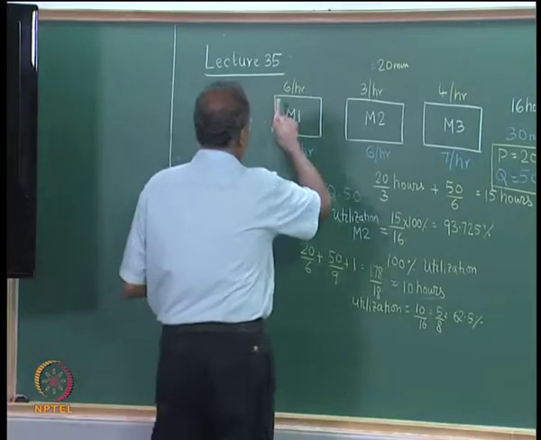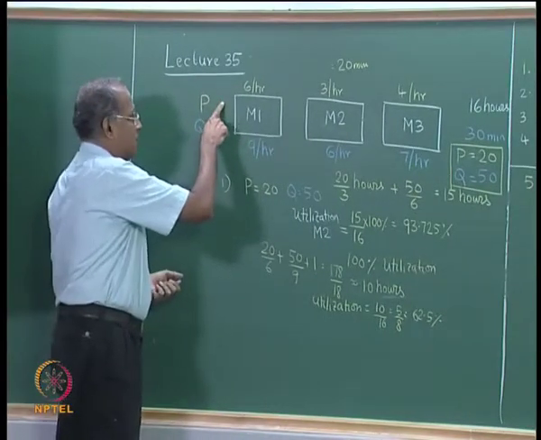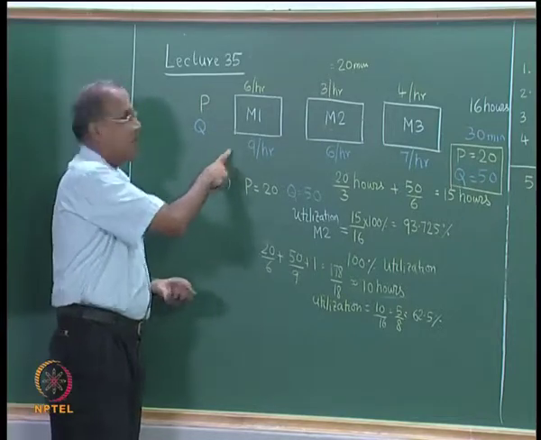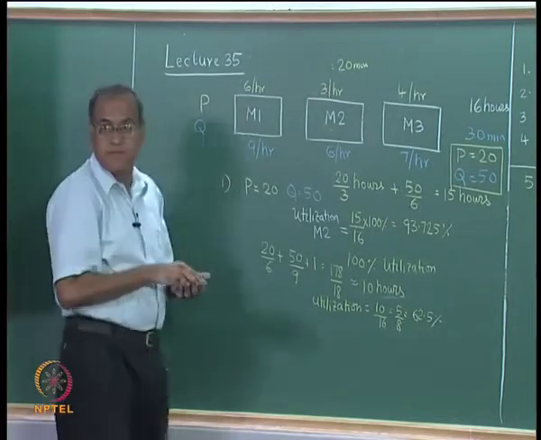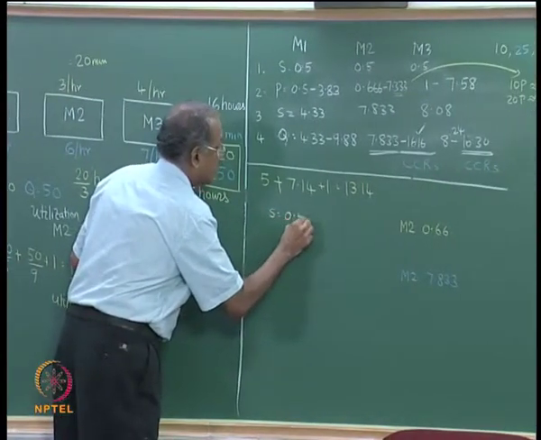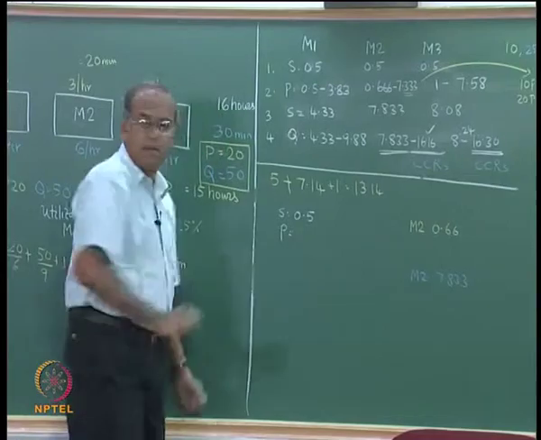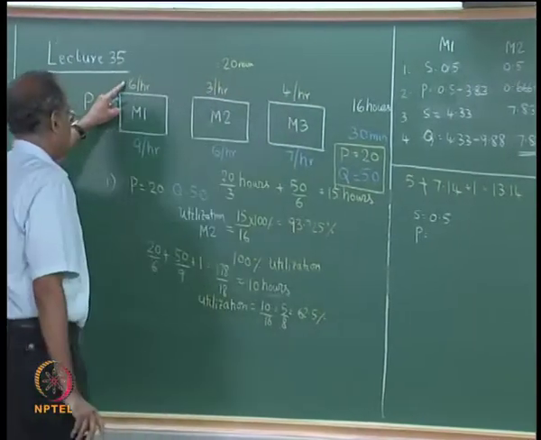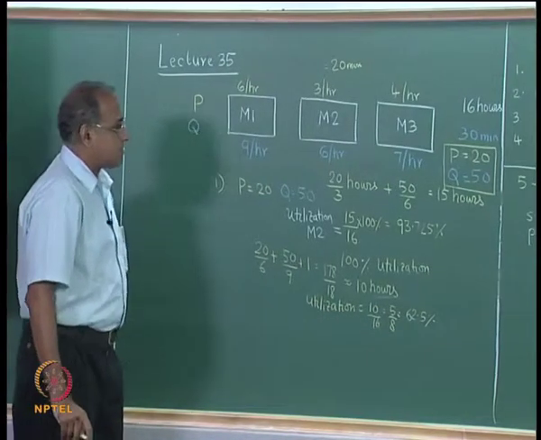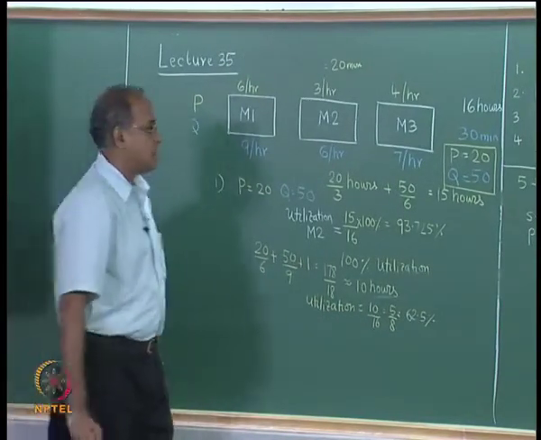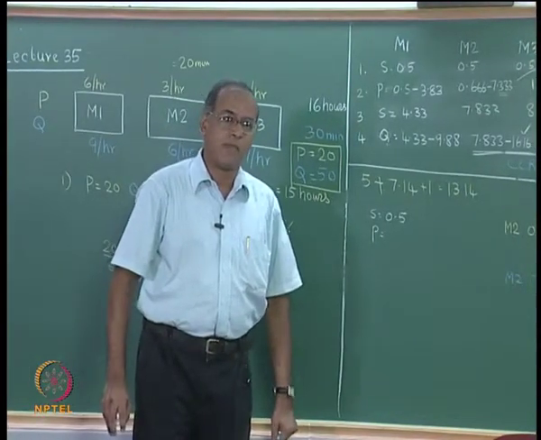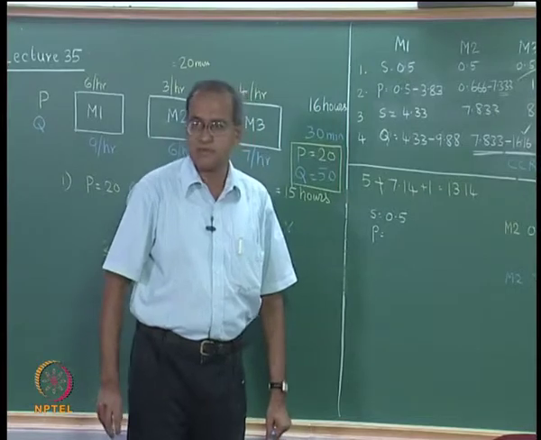Now if we decide to produce 10 of P, 25 of Q, and 10 of P and 25 of Q, let us rework on this machine. So first setup equal to 0.5, then 10 of P. 10 of P is 1 by 6, so 10 by 6, which is 1.66.